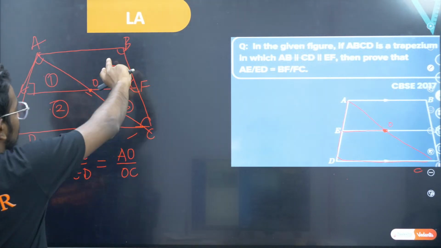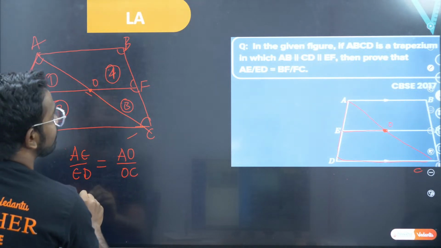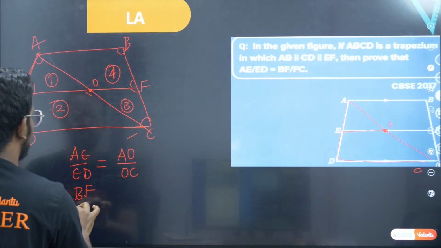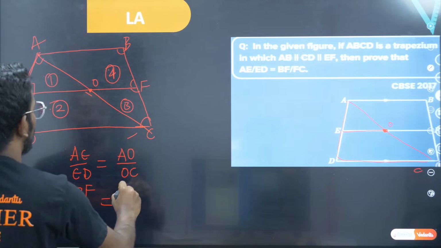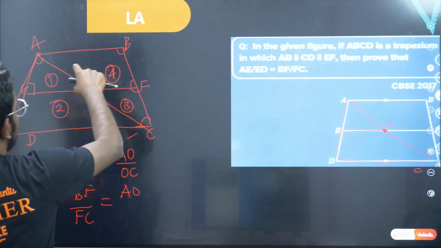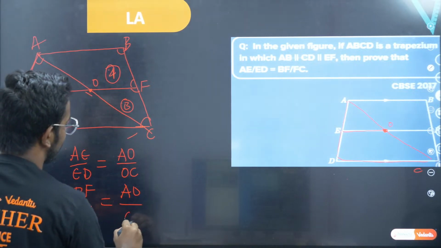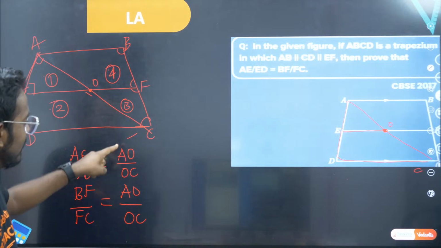Once you say these two triangles are similar, you can apply BPT, that is BF by FC is equal to AO by OC. See, I'm taking this part and this part is equal to this part and this part. So now everything is ready, right?